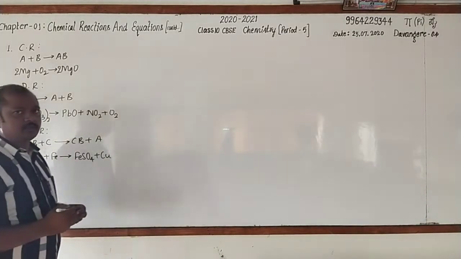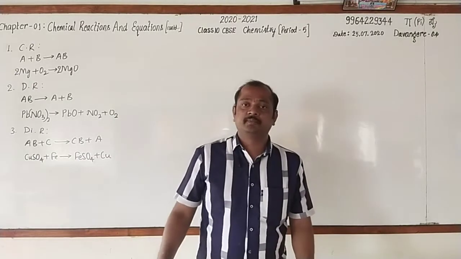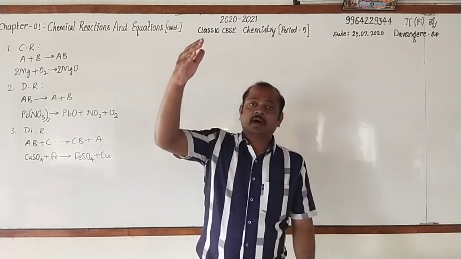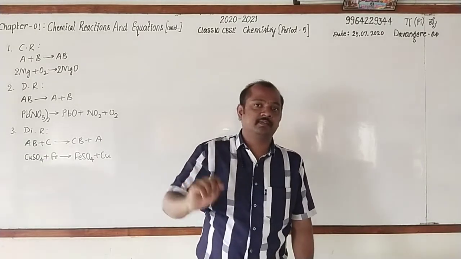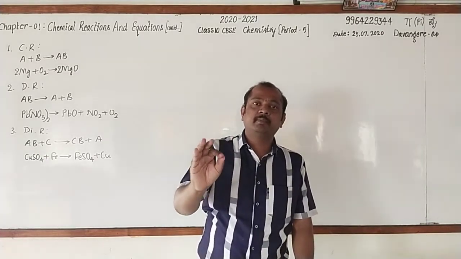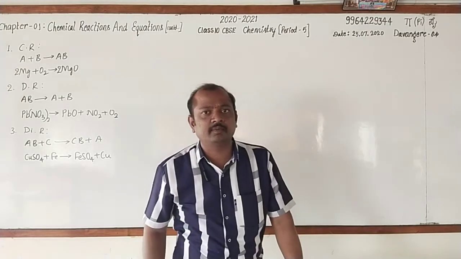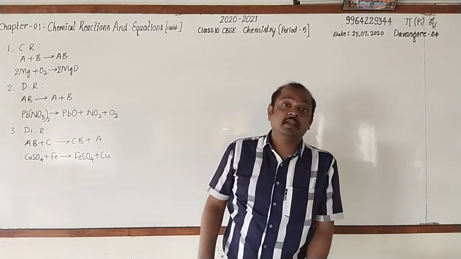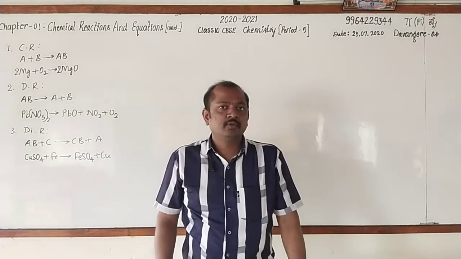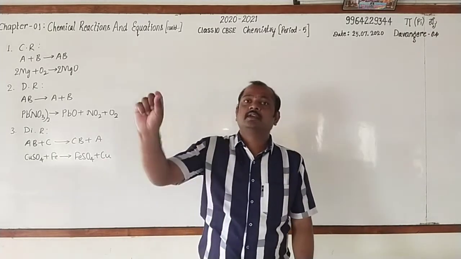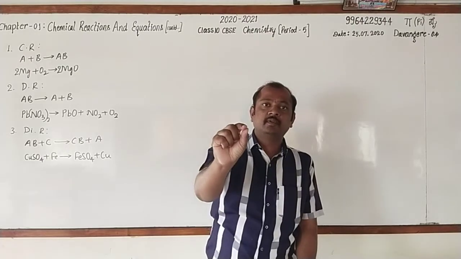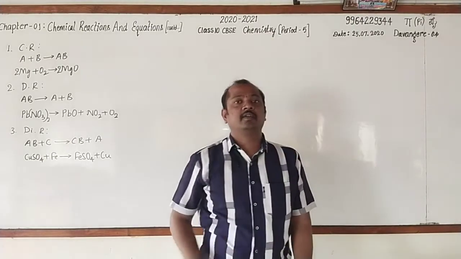And from this reaction only, we have come to know that the arrangement of metals in the decreasing order of their reactivity is known as reactivity series. Do you remember the code I had given yesterday? Yes, it is Kanaka Mazi PCR, right?